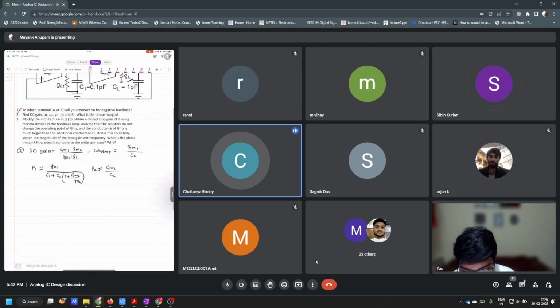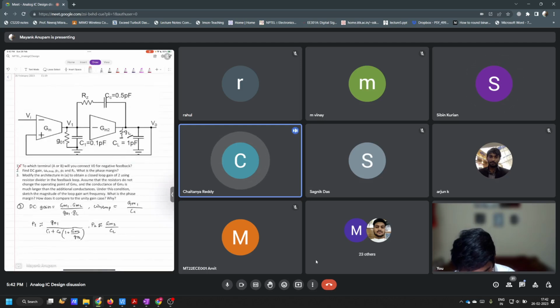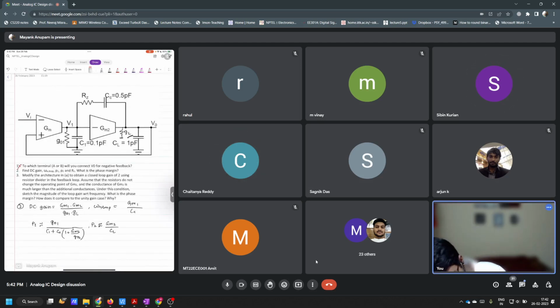Adding resistors will affect only the feedback factor, right? No, no, it will also affect the output. You see, if you have a resistor here, let's put another color. If you have a resistor like this, okay. Now this is a feedback, right? There is a factor of 2 here, right? Now this resistor here will definitely change the pole location, isn't it?